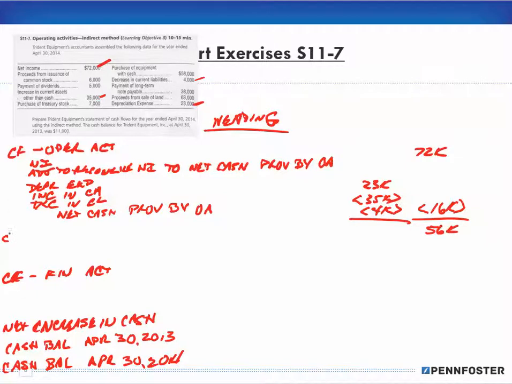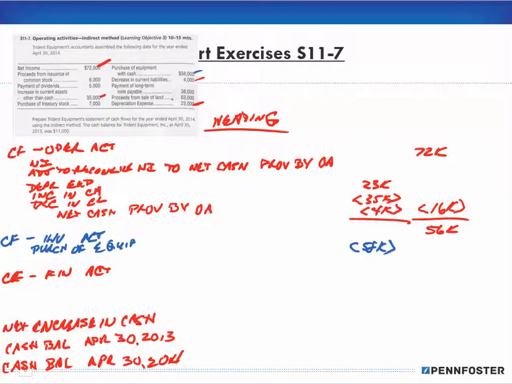So then our next section is, and I'm going to change the color to separate it out a little bit visually, our cash flows from our investing activities, and we need to look at what investing activities. So we have a purchase of equipment, and when we're buying equipment, we're paying out $58,000 in cash.